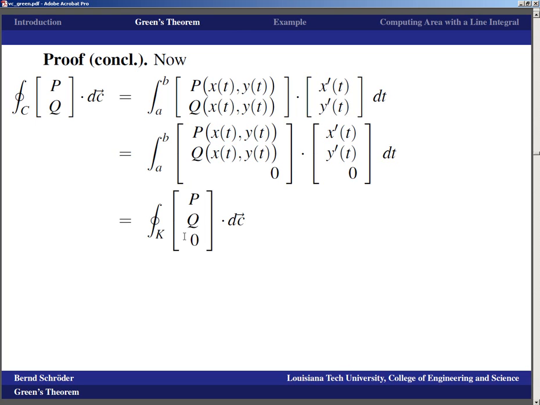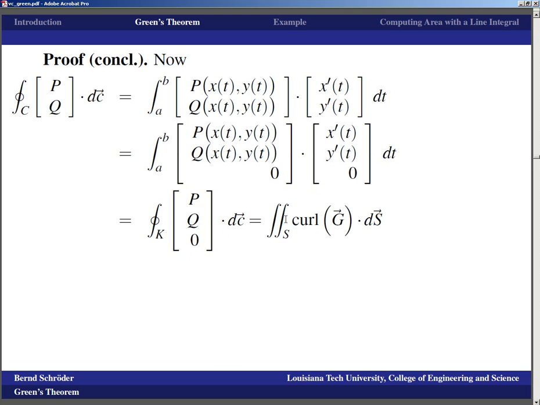And that is now the same as the integral in 3-dimensional space of the vector field (P, Q, 0) dot dC. That's now the explicit parametrization, right? And to this thing I can apply Stokes' theorem.